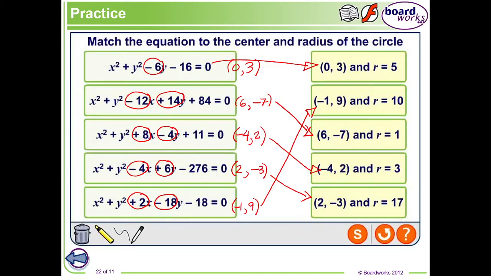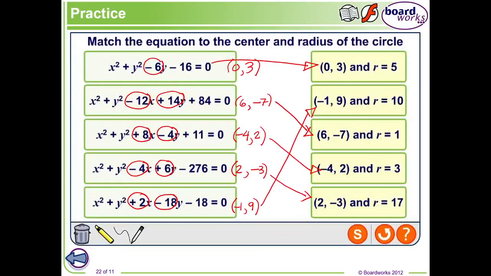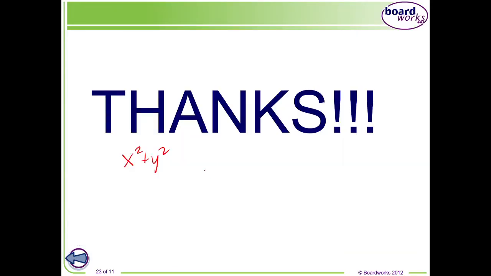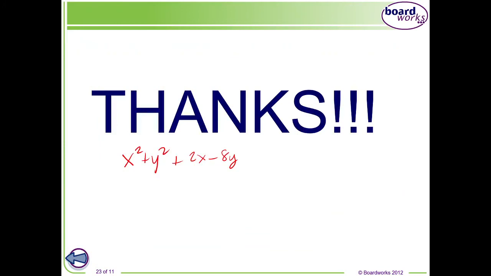I'm going to choose x squared plus y squared plus 2x minus 18y minus 18 equals 0. Let me write that down.